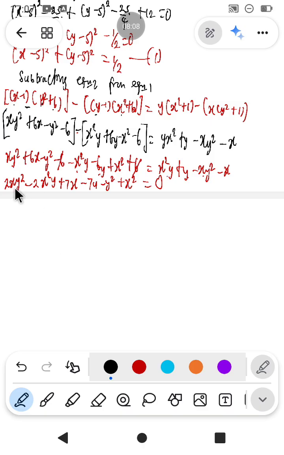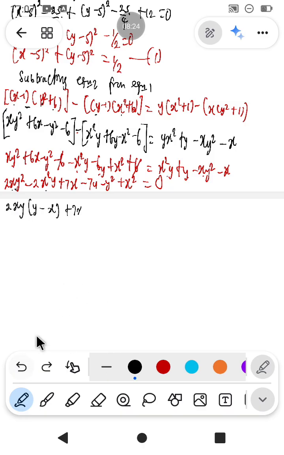Okay, guys, now let's move on. What do you notice here? We can see that 2 is coming and xy is coming, so we can factor out 2xy. So we have 2xy into y minus x, plus 7x, minus 7y minus y squared plus x squared equals 0.